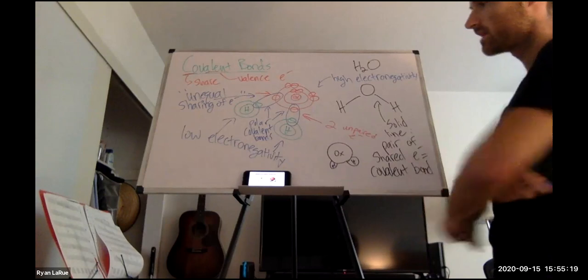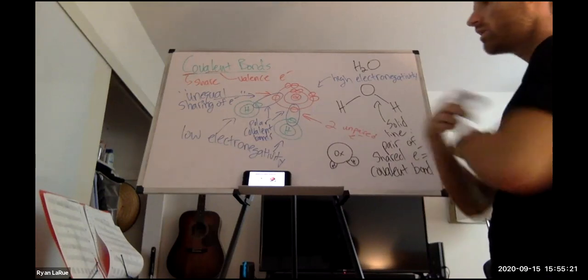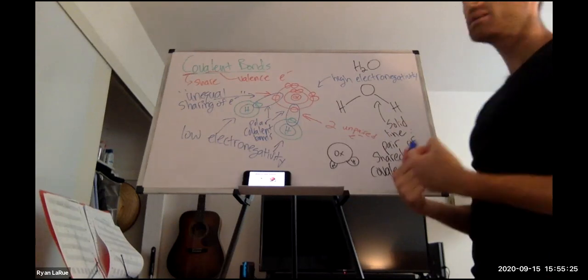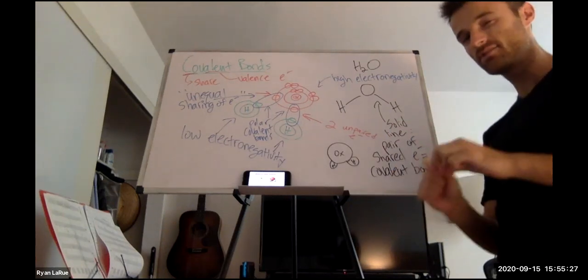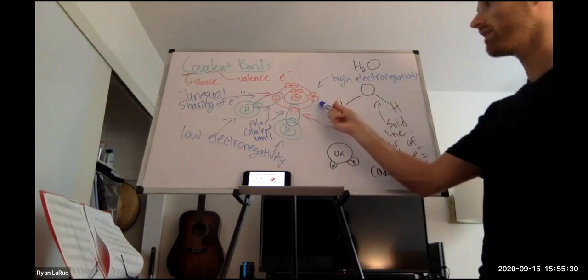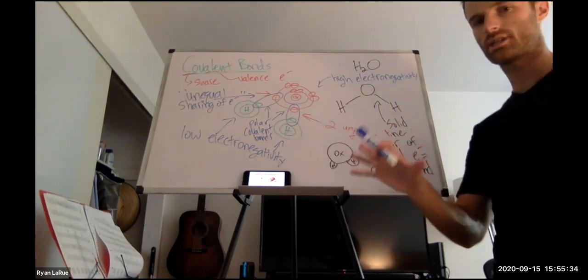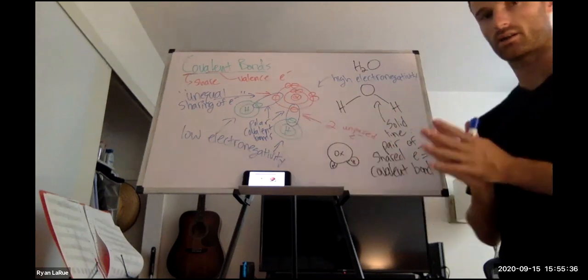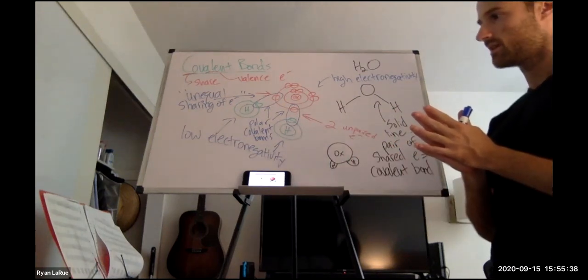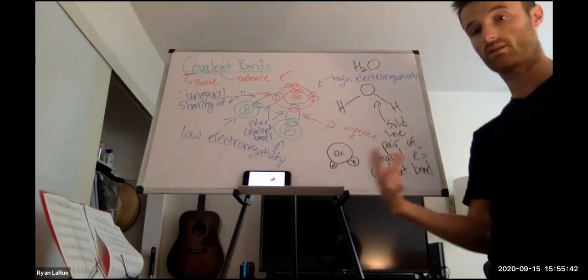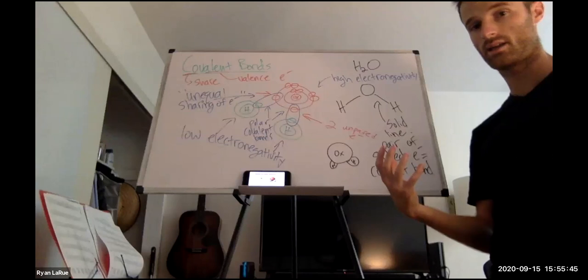Okay, now, what does this implicate? What is gonna happen because of this? Because electrons, which are negatively charged, are hanging out around oxygen more, what charge is going to be given to that oxygen there? If electrons are spending more time around oxygen, more time negative charges are around oxygen, right?